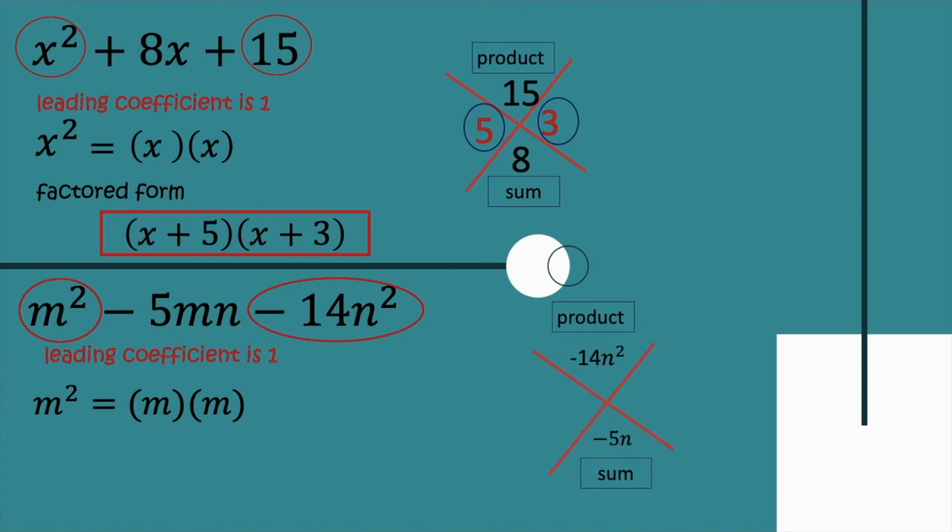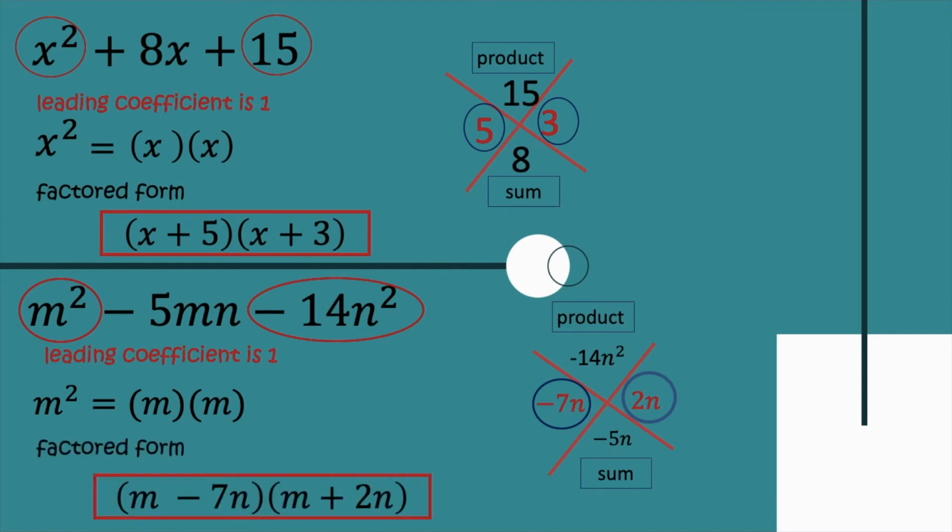What are two terms that when multiplied the product is negative 14n squared and the sum is negative 5n? Correct. The terms are negative 7n and 2n. Thus, the factored form is m minus 7n times m plus 2n.